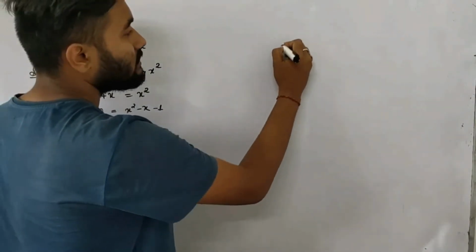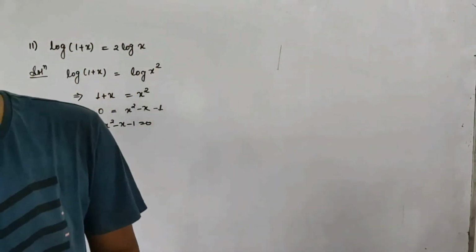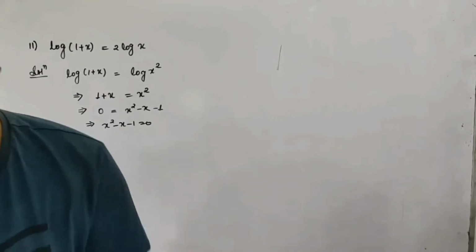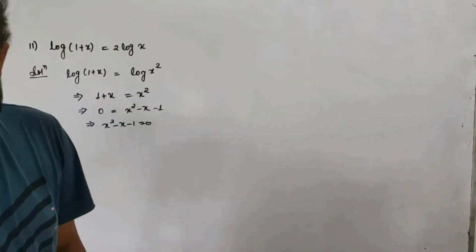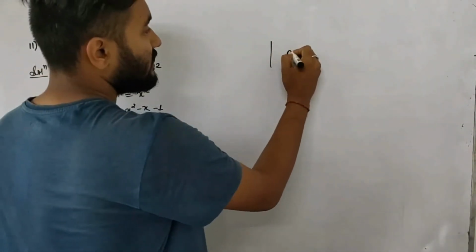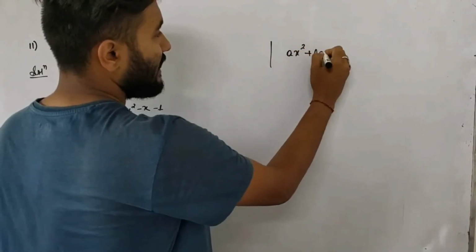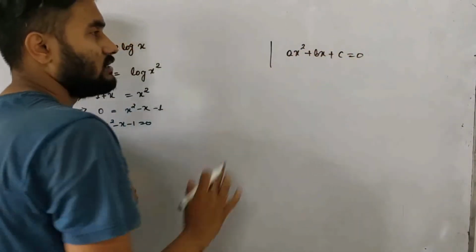Say the equation is ax square plus bx plus c is equal to 0. So this is the quadratic equation.